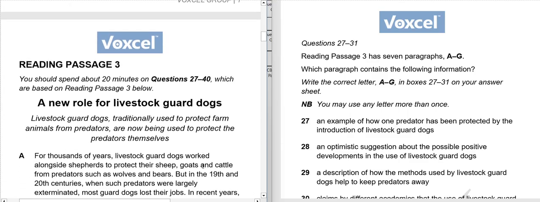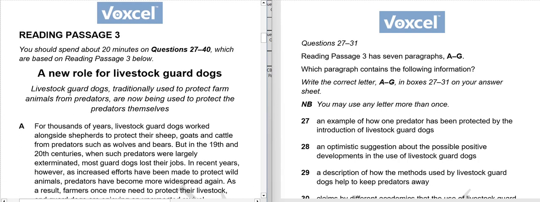The passage we're going to deal with is a new role for livestock guard dogs. Livestock guard dogs, traditionally used to protect farm animals from predators, are now being used to protect the predators themselves.